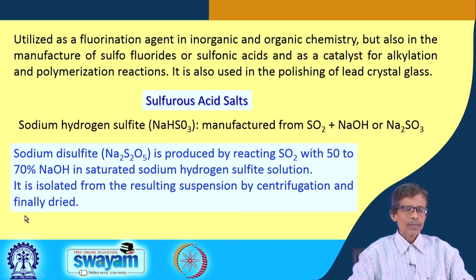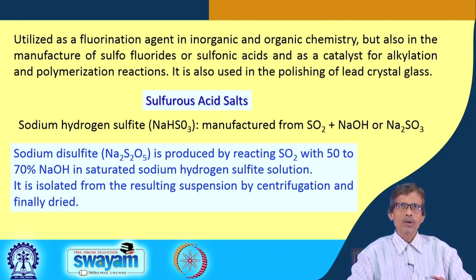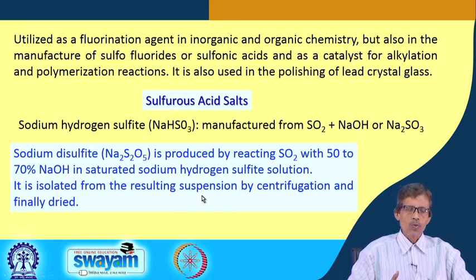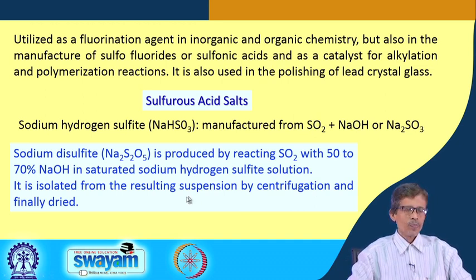And when the reaction is over, you go for saturation, the concentrated solution you have to make, and it is isolated from the resulting suspension, if the product is forming over there, by centrifugation. That means you use the centrifugal force for that. So, you use for that particular purpose the centrifuge. So, centrifugation, and finally, it is dried in a dry atmosphere in a desiccator or in an air oven.